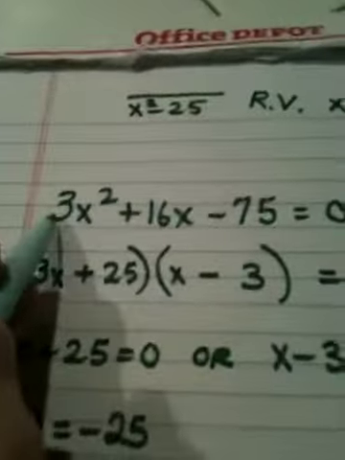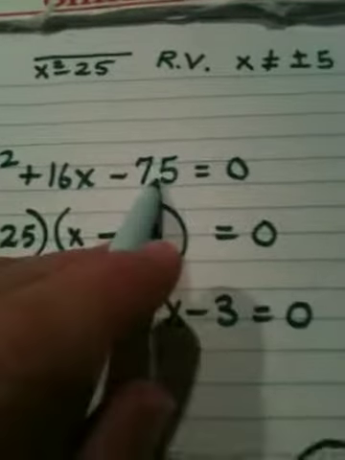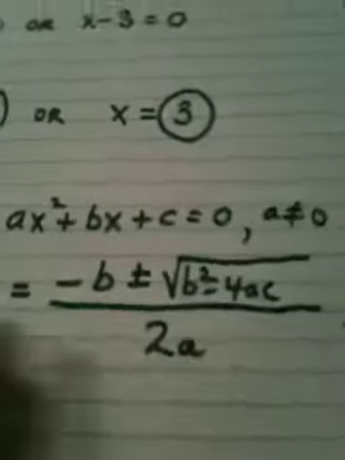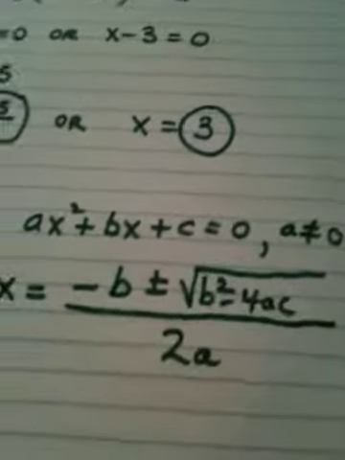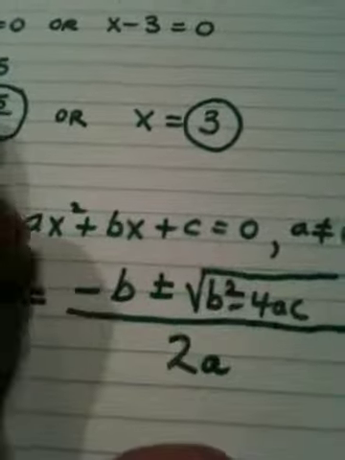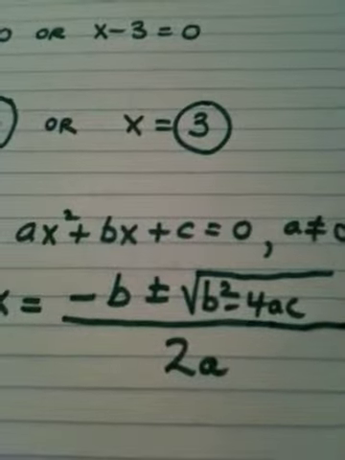And of course in this problem, a would be 3, b would be 16, and c would be negative 75. But you can see, that's going to get ugly, but at least you have a calculator and you have a formula, you would eventually get down to these two answers.